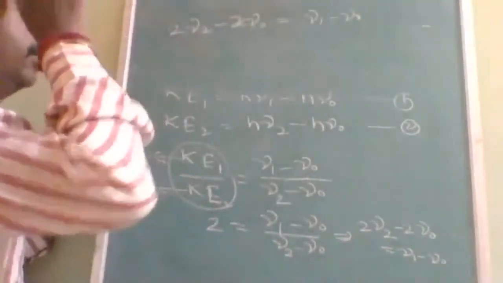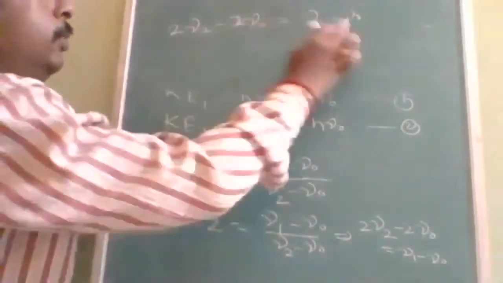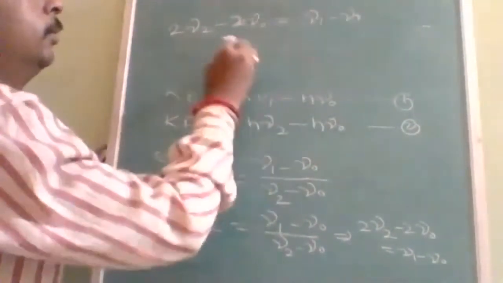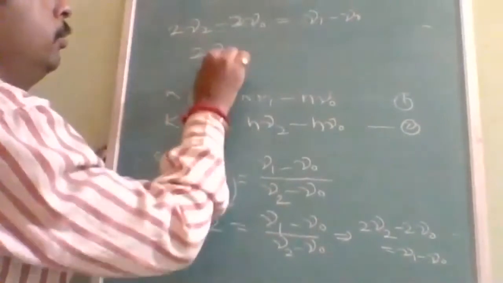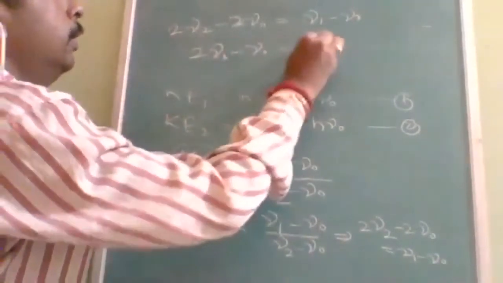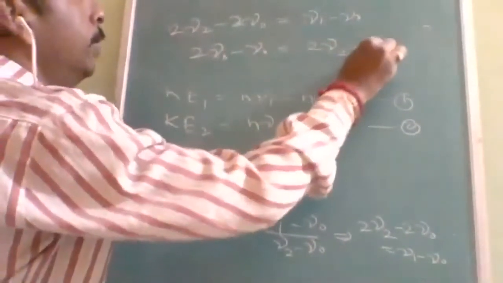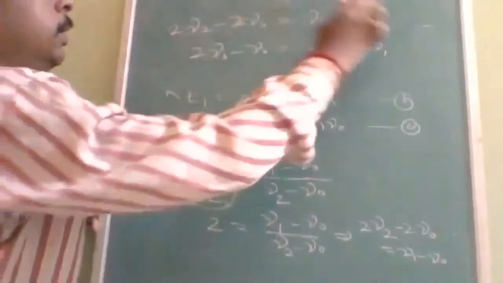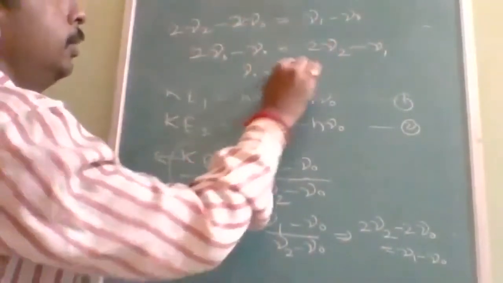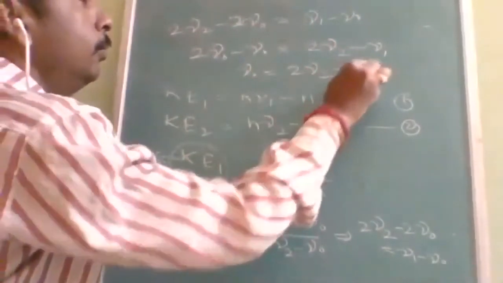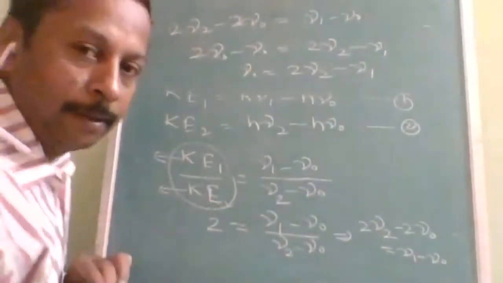What I wanted is nu0. So if I take that side, 2 nu0 minus nu0 is equal to 2 nu2 minus nu1. So this is nu0 is equal to 2 nu2 minus nu1.